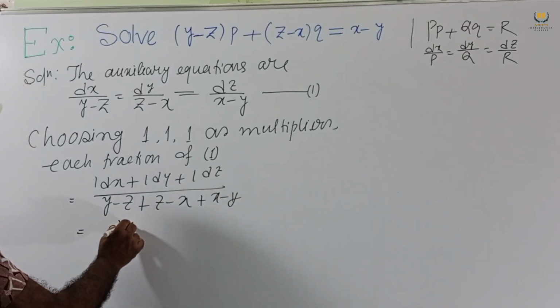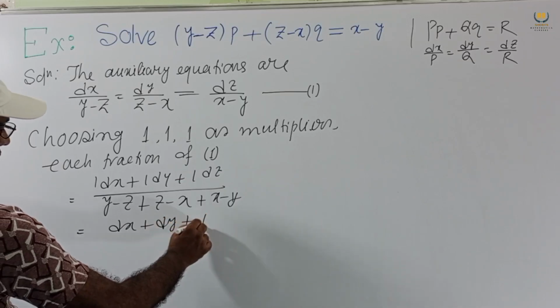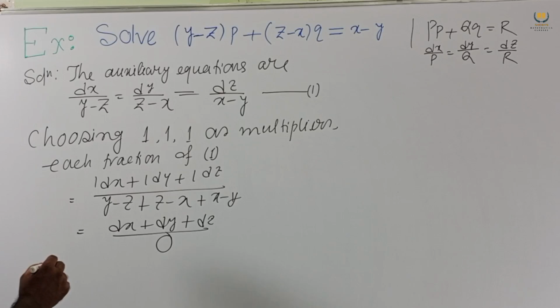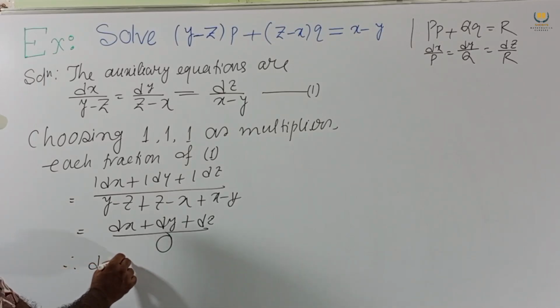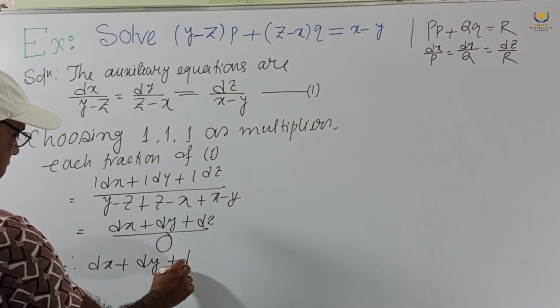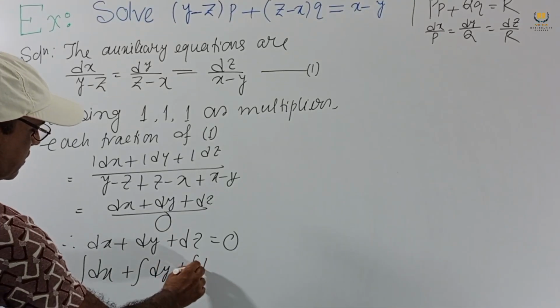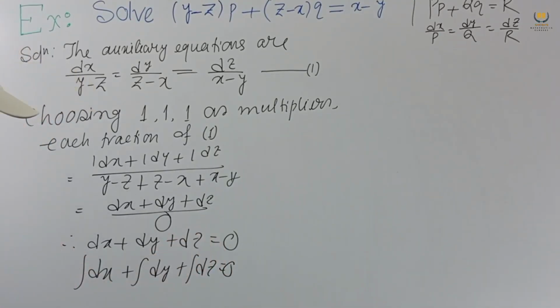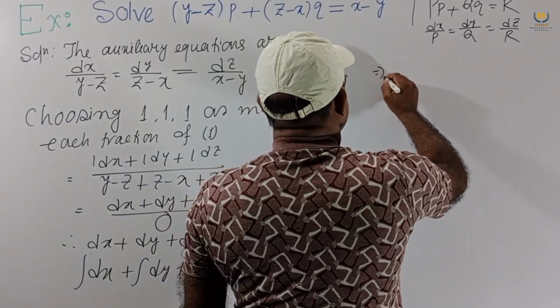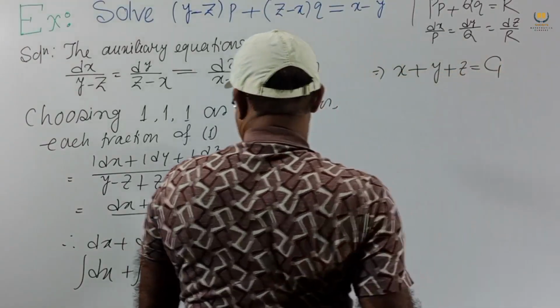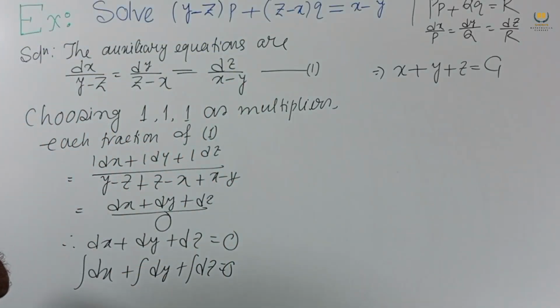So we get (dx + dy + dz)/0. Therefore dx + dy + dz = 0. We integrate: ∫dx + ∫dy + ∫dz = 0, which implies x + y + z = c1. We get one solution, x + y + z = c1.